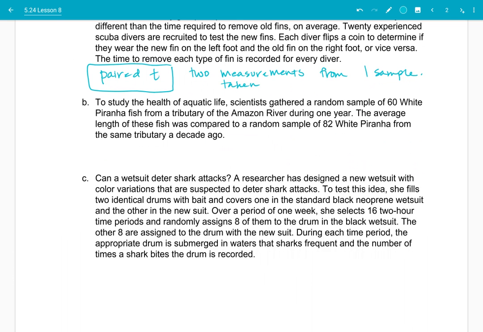Or are you looking at 2 different populations and comparing their averages, their differences? Did you think about it? Okay, so for this one, you're looking at 2 different samples. So you were looking at a 2-sample T. Okay. 2 samples, different decades.